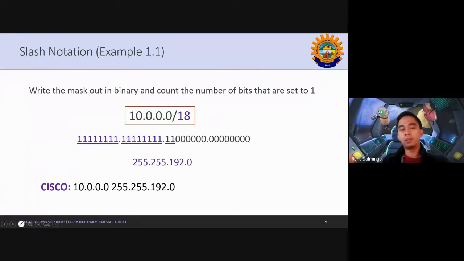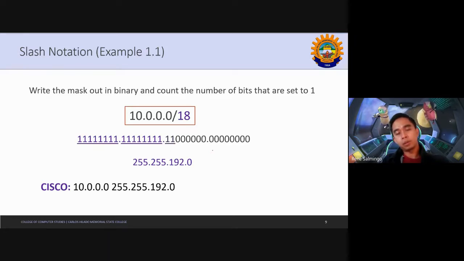Now, in this example, what would be your network ID? For this example, your network ID will be this one, 10.0. Then your host ID will be what?